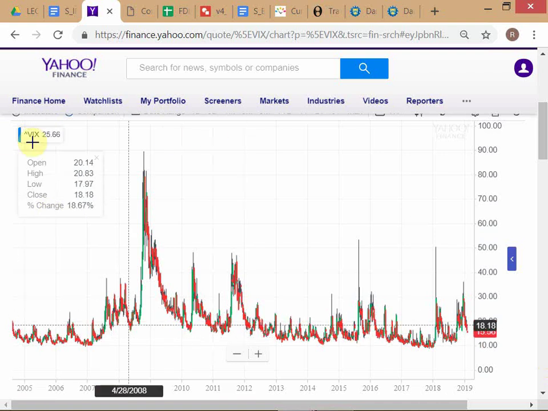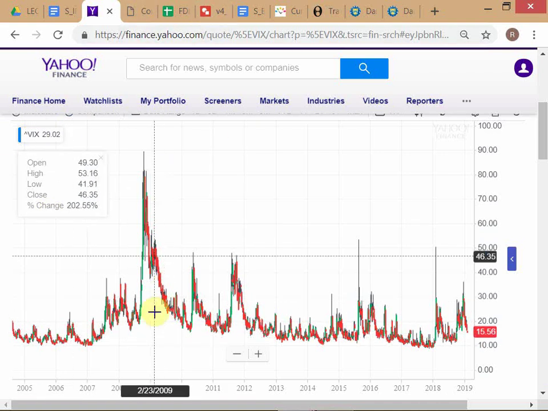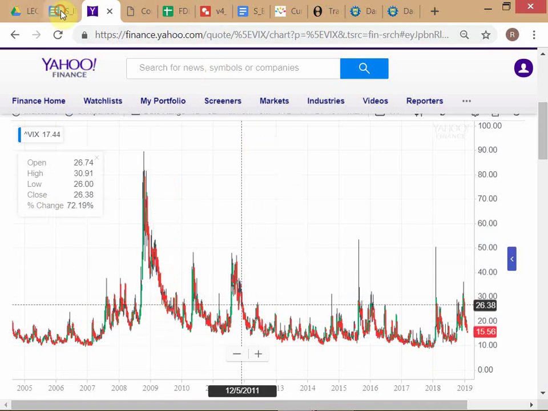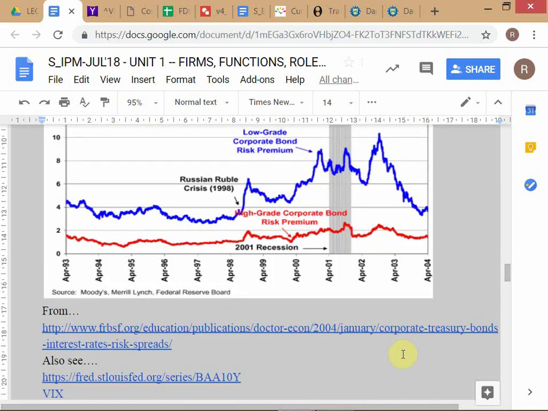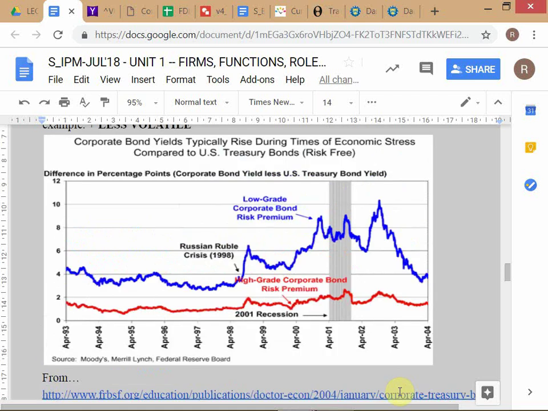The point I'm trying to emphasize is, the reason I've given you the link to the equity volatility is that you can think of this when you're thinking about the volatility of credit spreads. You see that the triple B spread is much more volatile than the triple A spread.